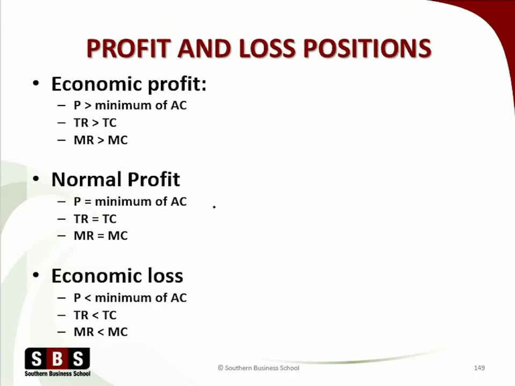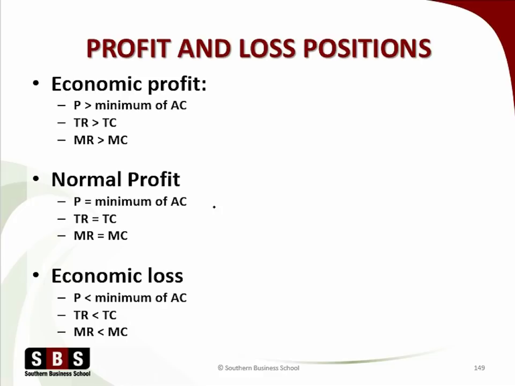Okay, that comes back to that economic profit. Economic profit exists when all of that is in place. So the price that you charge for your product is larger than the minimum cost. Or the total revenue is larger than the total cost.